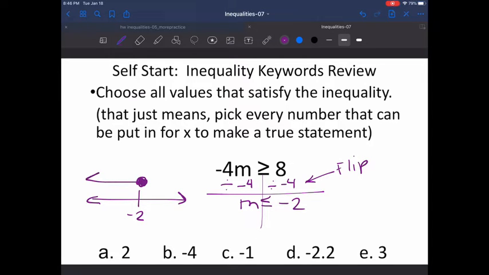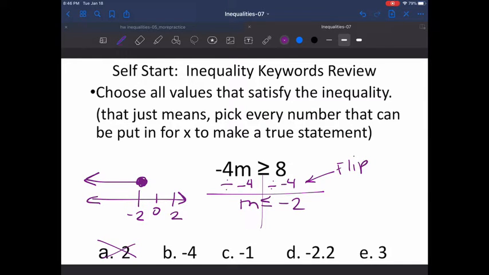And then my arrow is going to go to the left. Now, if I look at my choices, A is 2. Well, on the number line, if that's -2, that might be 0, and that would be +2. A is 2 is not in my solution, so that is not one of my answers.